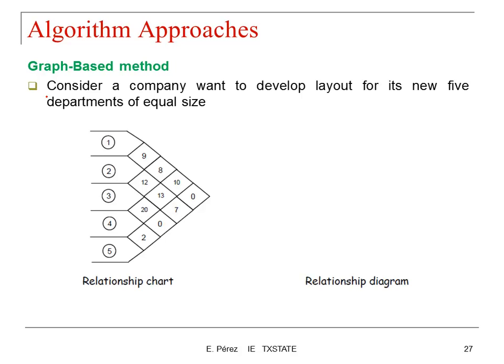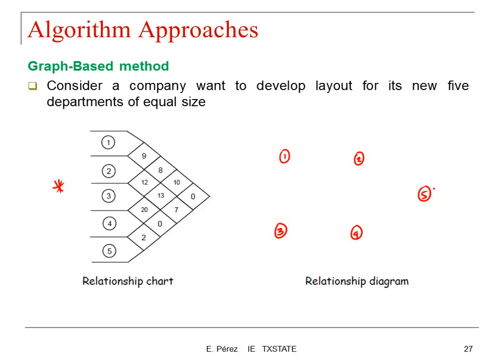We can create a relationship diagram based on that information. It's basically creating this network diagram based on the information provided here. So we're going to have 5 departments: 1, 2, 3, 4, 5.